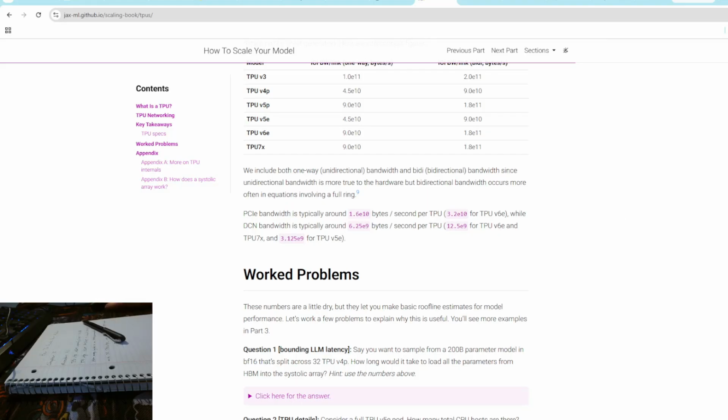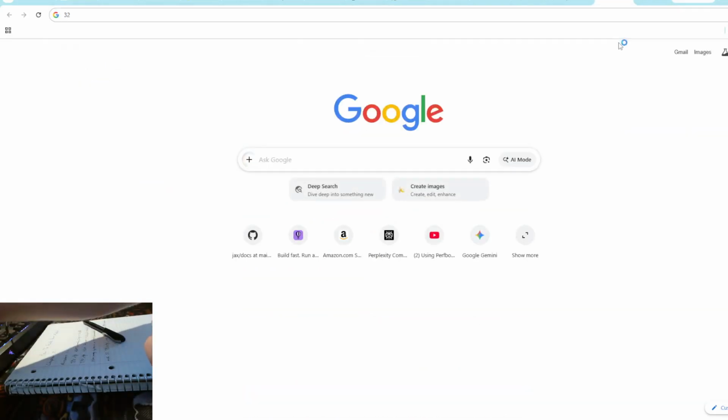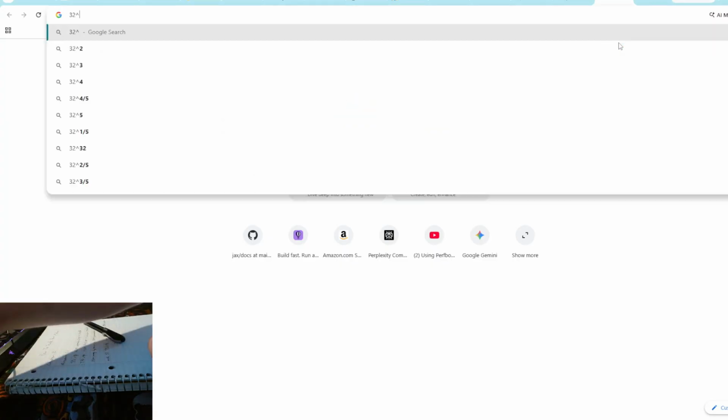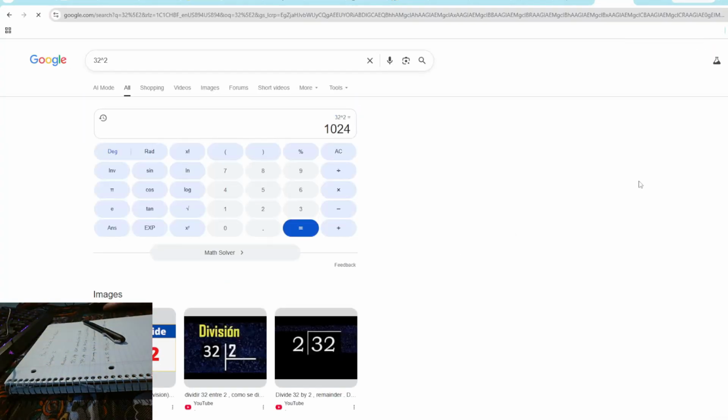What is 32 squared? Let's look it up. 1024, which equals 1024 gigabytes HBM capacity. Cool.